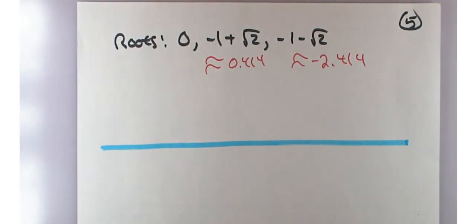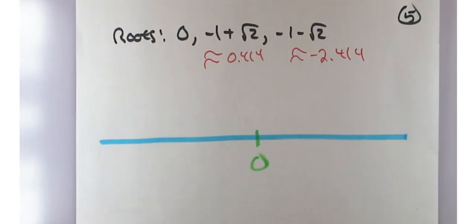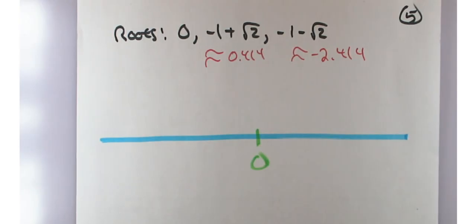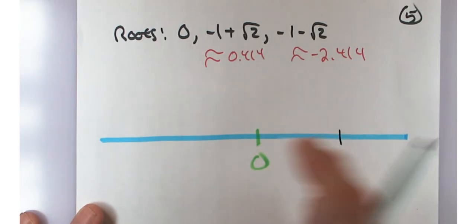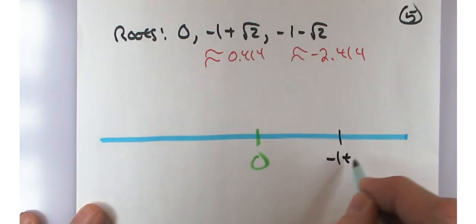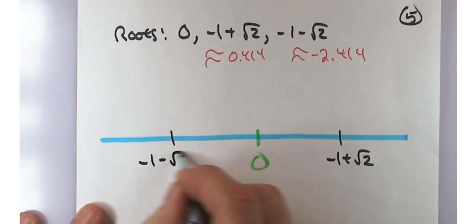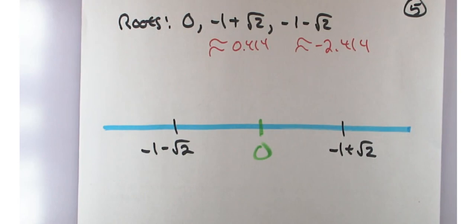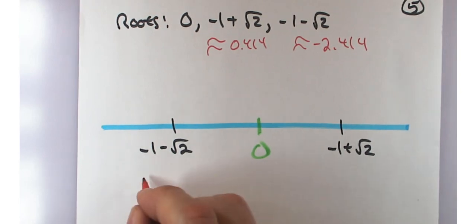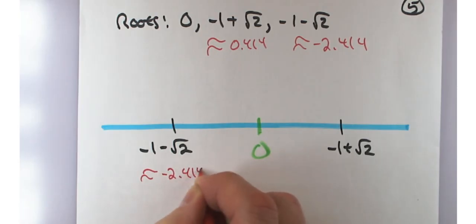Let's put all these points on that line. So I'm going to have one here at 0, another one here at negative 1 plus the square root of 2, and then negative 1 minus the square root of 2. And the reason I wanted you to put the approximate values here is so that you can come up with test points that'll work.